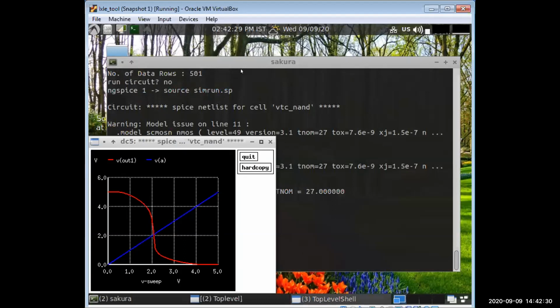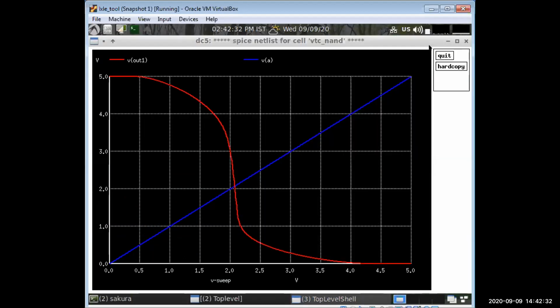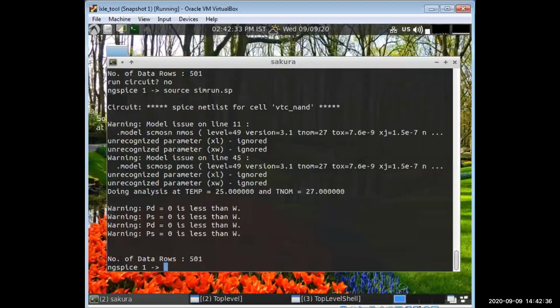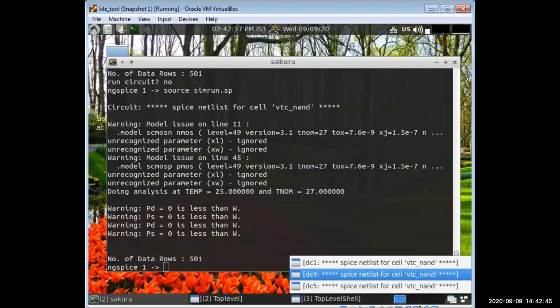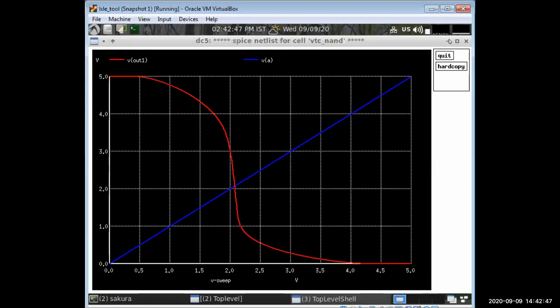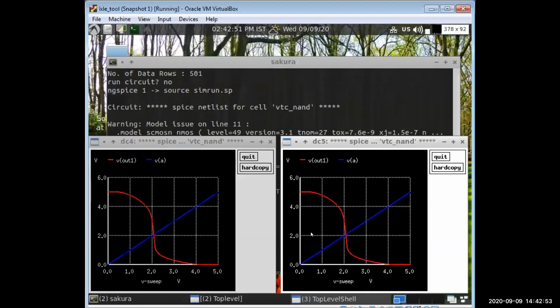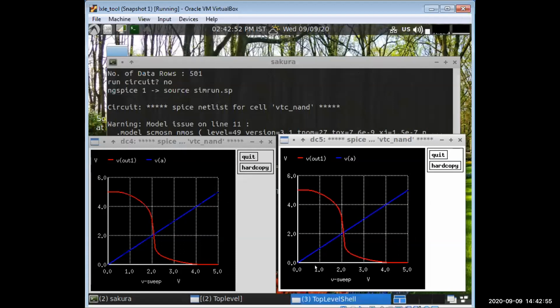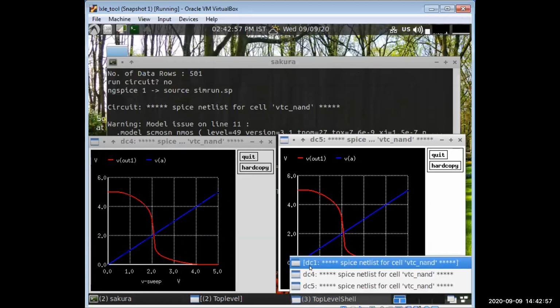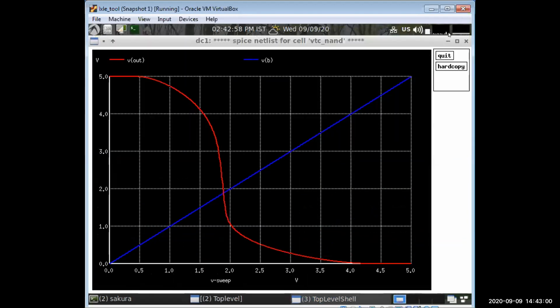Now let's compare this curve and the previous curve which we had here, this one I guess, and this is one, and another curve is this, DC1.